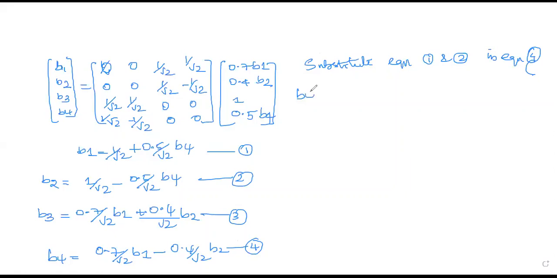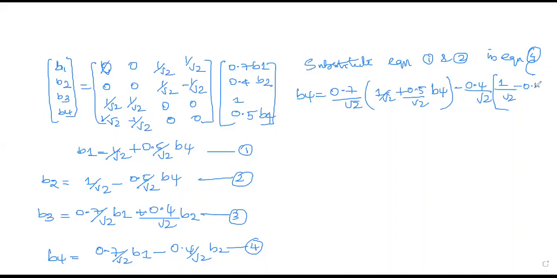So you'll get B4 is equal to 0.7 by root 2 times B1, which is 1 by root 2 plus 0.5 by root 2 B4, minus 0.4 by root 2 times the B2 equation, which is 1 by root 2 minus 0.5 by root 2 B4.